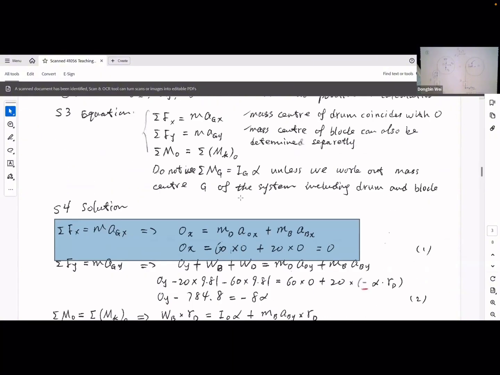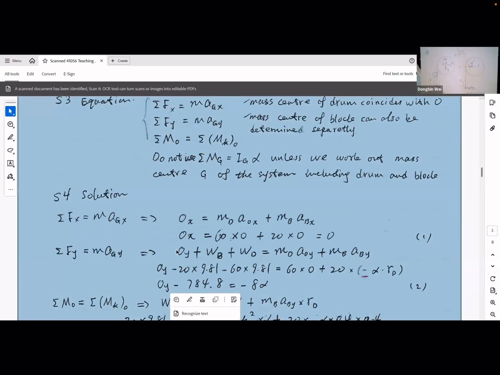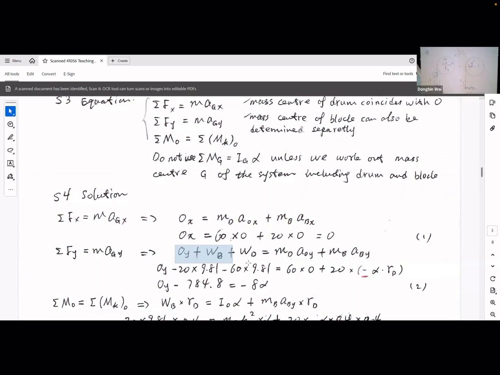Okay, this is 3. So we will put this 3 all together, and here OY is positive, WB, WD, both downward should be negative.